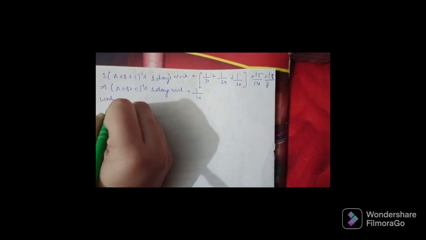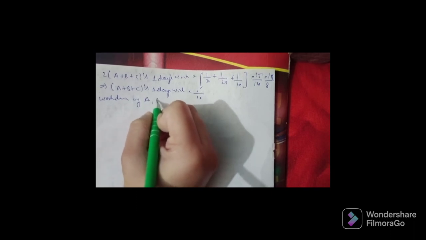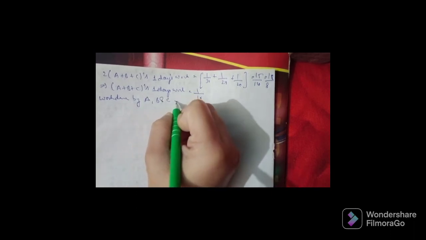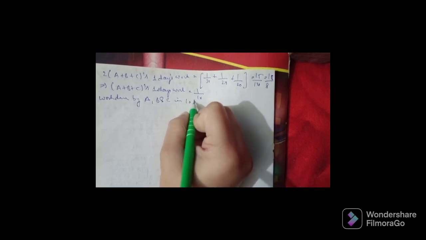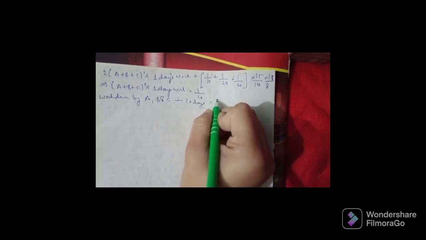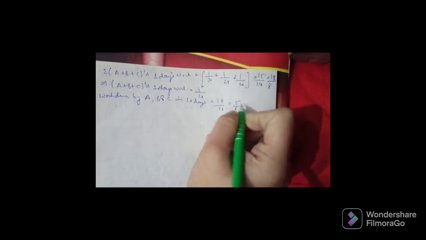So the work done by a, b and c in 10 days equals 10/16, which equals 5/8.